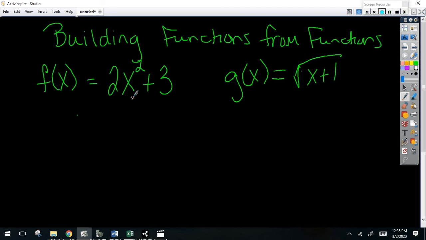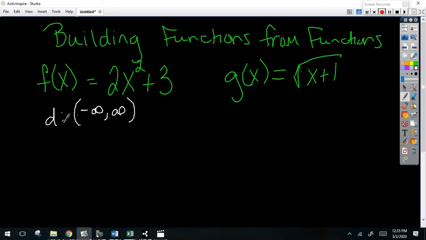All right, so looking at this first one, do you have any of those situations? No. So what's the domain? Negative infinity to infinity. That's correct. Now look at g. What's the domain there? It's a radical, which tells me there's going to be some restrictions, right?